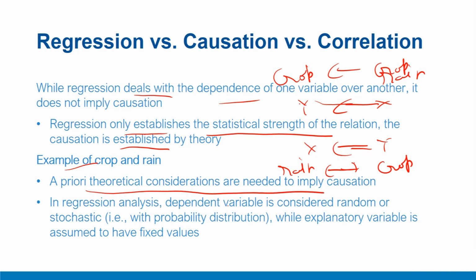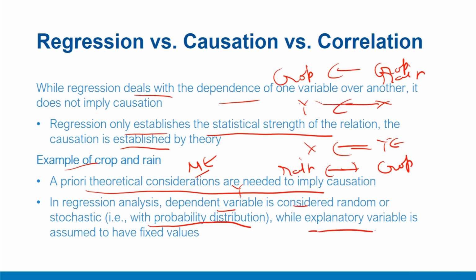Now in regression analysis, the dependent variable, which is y, is considered random or stochastic in nature. That means it assumes some kind of probability distribution. The reason is that it also incorporates the effect of all those unexplained or not considered factors which are aggregated in the error term mu, which is stochastic in nature. So those effects or influences will also be incorporated in y, and therefore y is random or stochastic in nature.